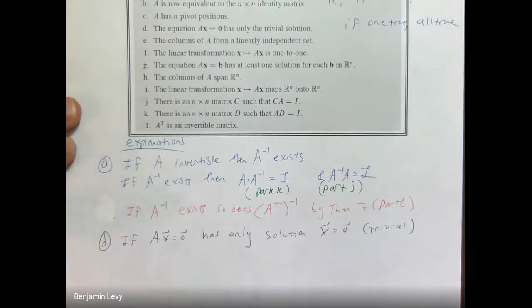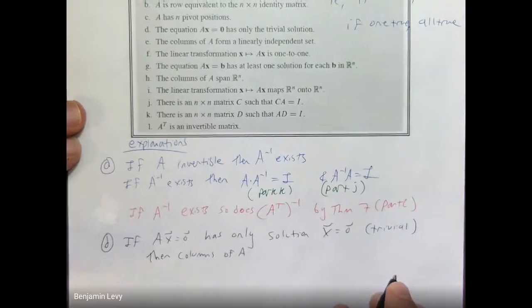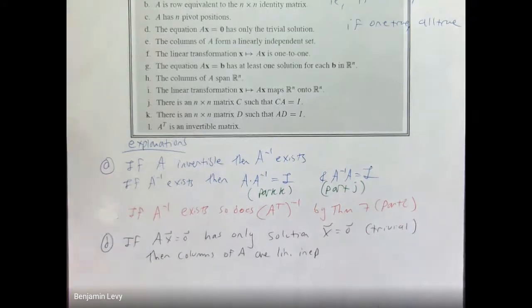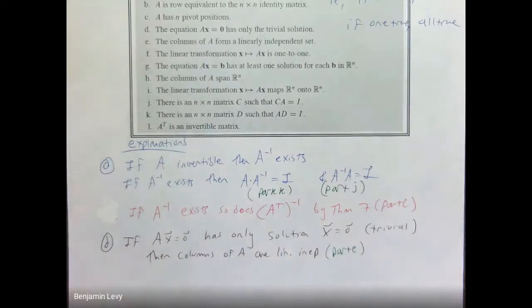And so by definition, this automatically means that the columns of A form a linearly independent set. And so we automatically get part E from that. If it only has a trivial solution, which means the columns are linearly independent, that means there has to be a pivot in every row.